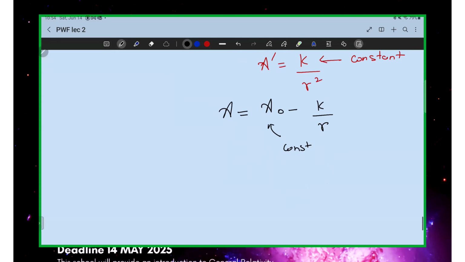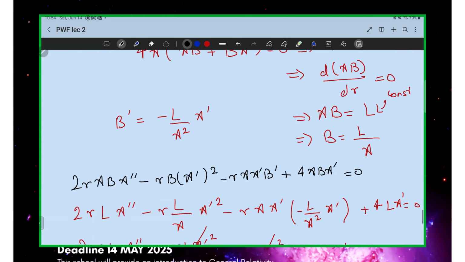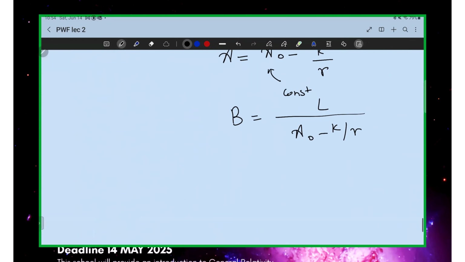So I do have an explicit expression for A. If you remember from the previous equation, B was L over A, which means that B is just L over this whole thing, right? So the metric tensor becomes this.